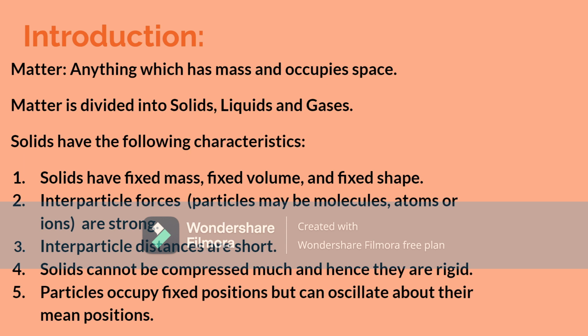These distances are short, that is, they are closely packed. Next point, solids cannot be compressed much. Why? We have already discussed that they are closely packed, so there is no space between particles. So you cannot compress much, and hence they are rigid. They are tightly packed.